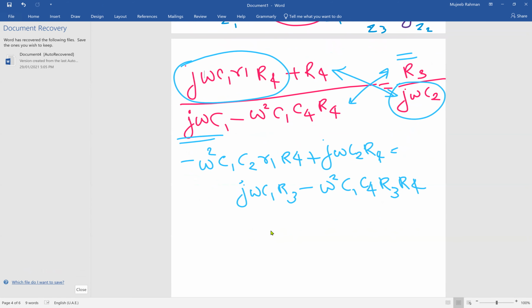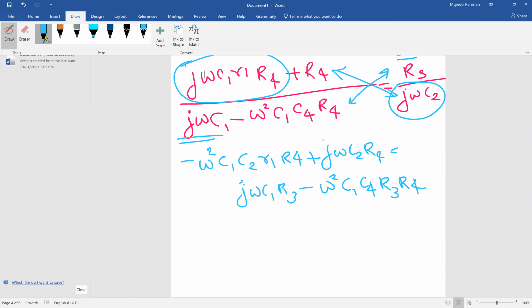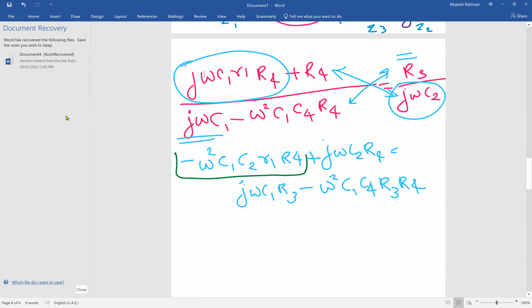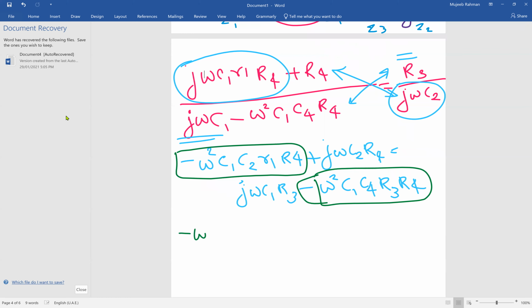Again, this equation we need to separate, or group the terms into the real term and imaginary term. This is a real term, and this is also a real term including the minus sign. So minus omega square C1, C2, R1, R4 is equal to minus omega square C1, C4, R3, and R4.